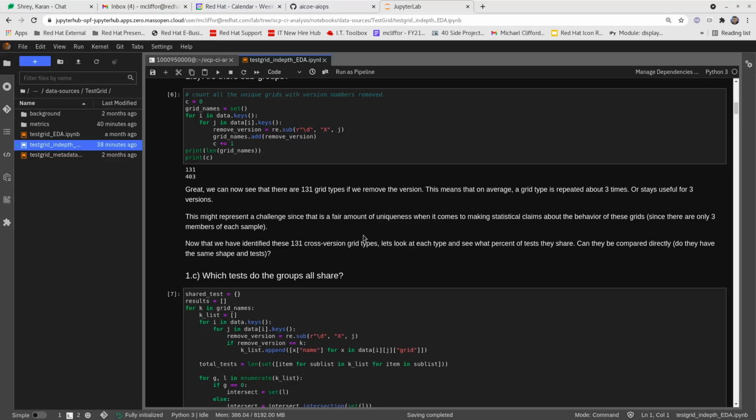That may or may not be useful. We're trying to compare these things and make a statistical analysis about them, and having 3 examples of each is quite small. And again, just having the same name doesn't exactly tell us if these objects can be compared directly or not.